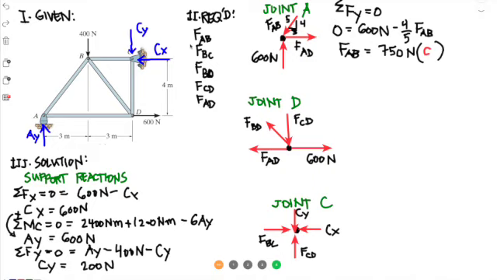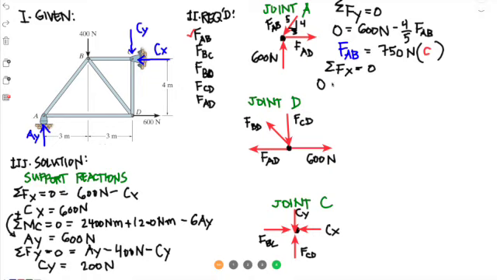So now we have one force here, FAB. Let me just change the color of this one. I will put it as a blue one. Alright, so what's left? We can do a summation of forces in the X to find FAD, since we already have a value for FAB. So summation of forces in X equals 0.